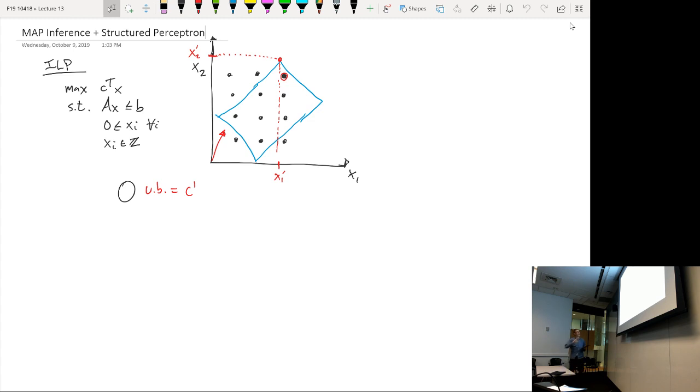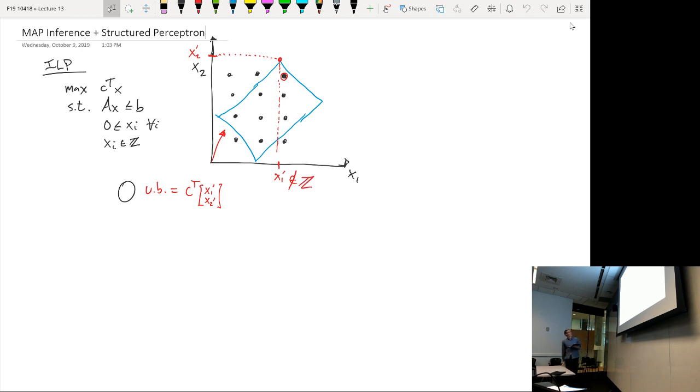So once we have that upper bound, we also have a solution to the LP, right? But as we can see from our picture, x1 prime is not in the set of integers.